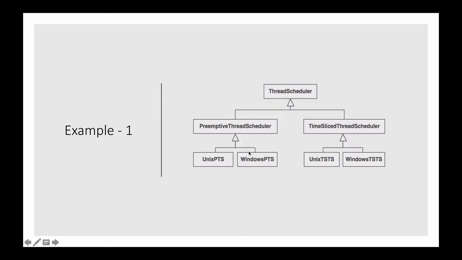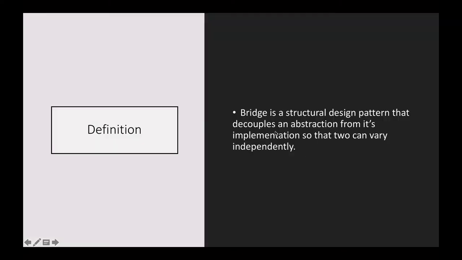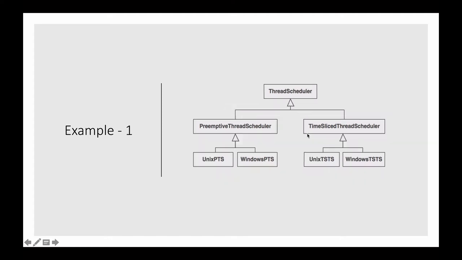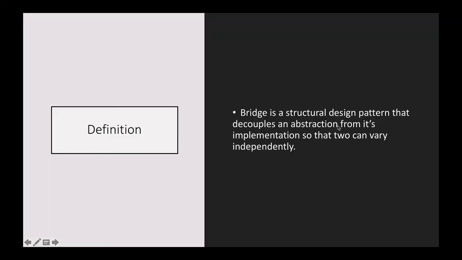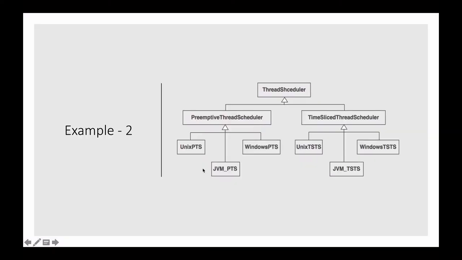So what the bridge design pattern says, when you encounter these kind of issues, is that you have to decouple an abstraction, which in our case is the thread scheduler, from its implementation. So we can see that our implementation for the thread scheduler is platform wise. All right. So we'll see in the next UML diagram how we can avoid this.